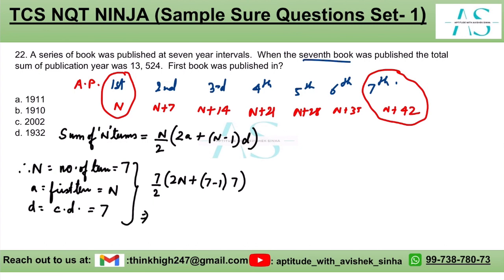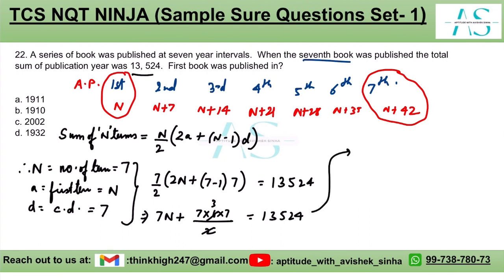Upon simplification, the 2 and 2 cancel, so this is 7n plus 7 into 6 into 7 by 2, so this is 3 times. And this value, according to the question, is given as 13524. Let me write it down here real quick.